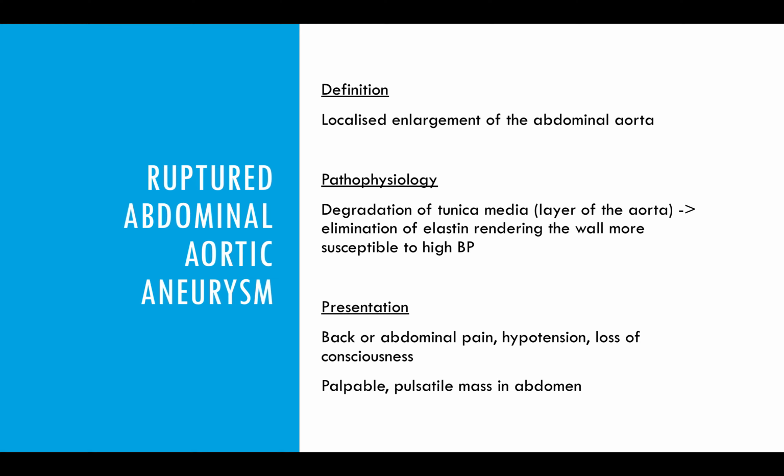So they might have back or abdominal pain, but when you palpate, it's not necessarily tender. Hypotension, they may have had a sudden loss of consciousness but now be awake and tell you they're fine. And they might have a palpable pulsatile mass in the abdomen.